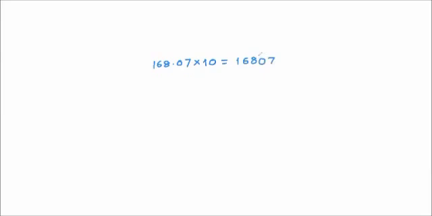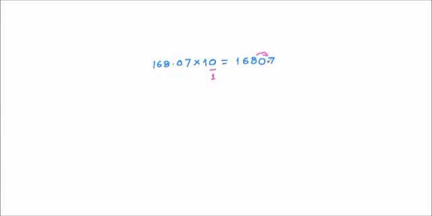It is here. And we will count the number of zeros. In this case, it is 1. So the decimal point, because it is multiplication, has to move towards the right by 1 place. So it comes here. So the answer would be 1680.7.